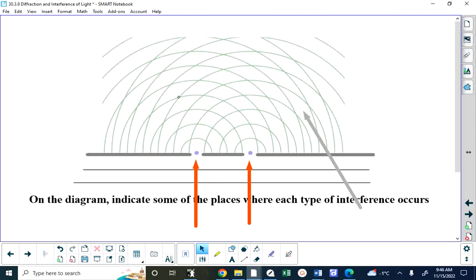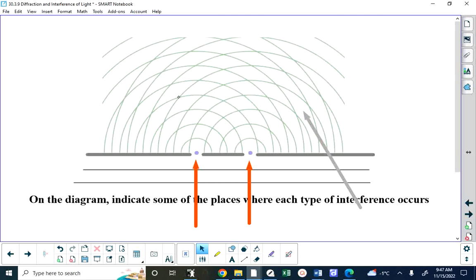Other questions? Yeah. Do the two equations work for any kind of wave? Yes. They work for any kind of electromagnetic wave, meaning visible light, ultraviolet, infrared, radio, gamma, X-ray, etc. And they also work for any kind of wave, mechanical or electromagnetic.